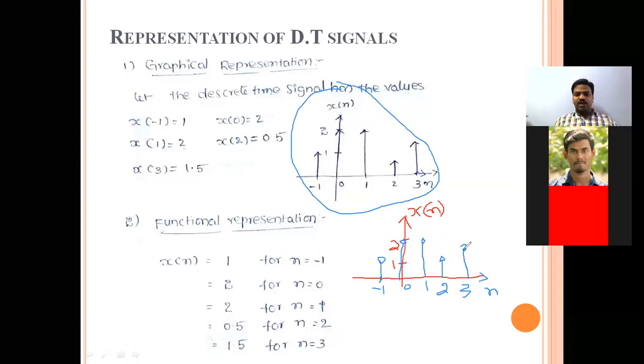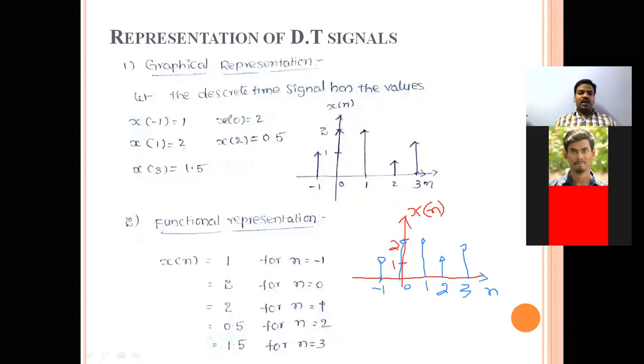But in this case, there is no arrow, and the sample representation is only like this. You will see this in various textbooks. Whatever it may be, both types of representation of the samples are the same. So, what are we going to see in the graphical representation?